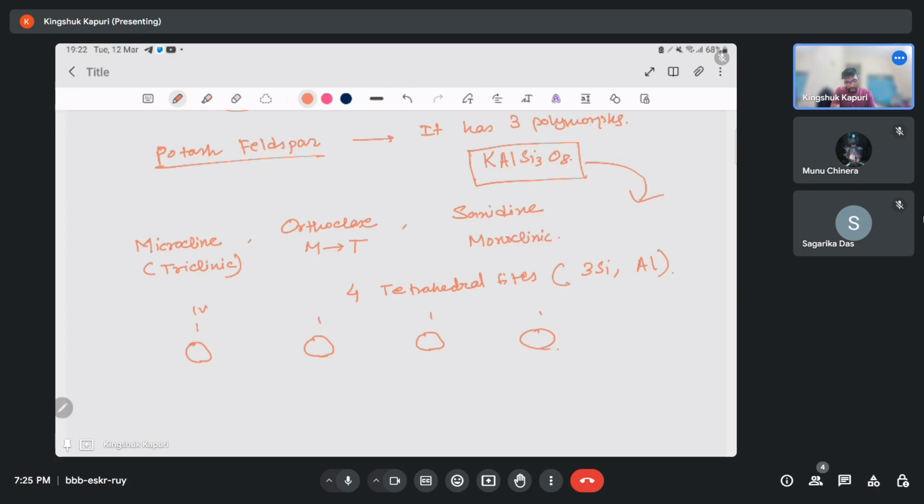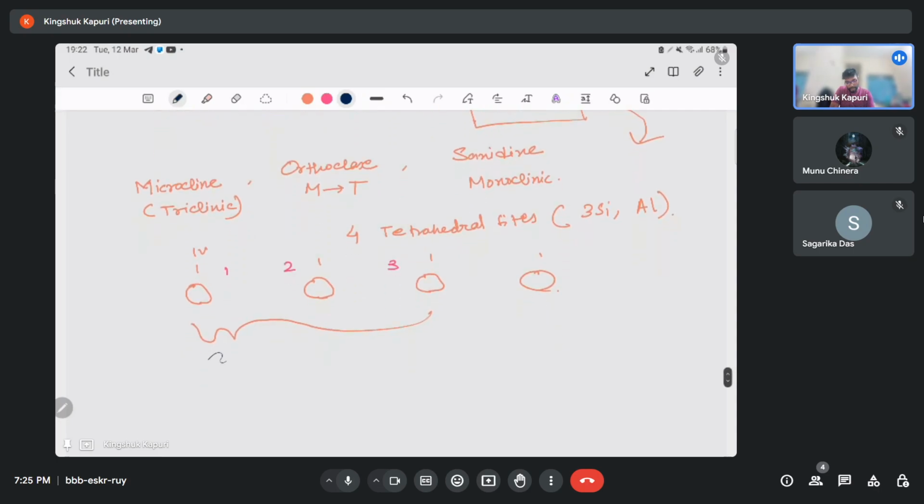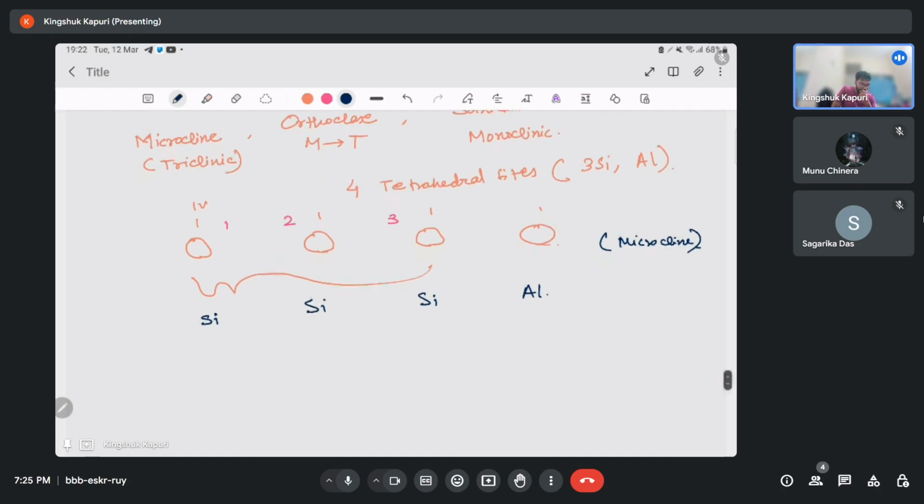For microcline, in the first three sites, one, two, and three, there will be Si, and here there will be aluminium. So if I want to use the configurational entropy, it will be K ln of omega.